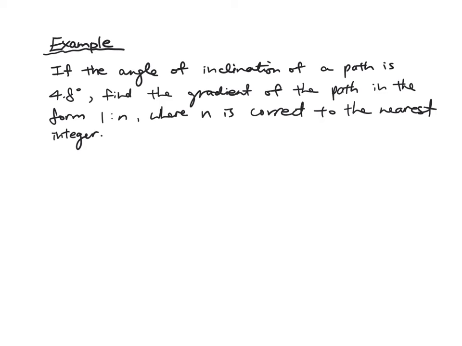One last example I'm going to show you is this one. If the angle of inclination of a path is 4.8 degrees, find the gradient of the path in the form 1 to n, where n is correct to the nearest integer.